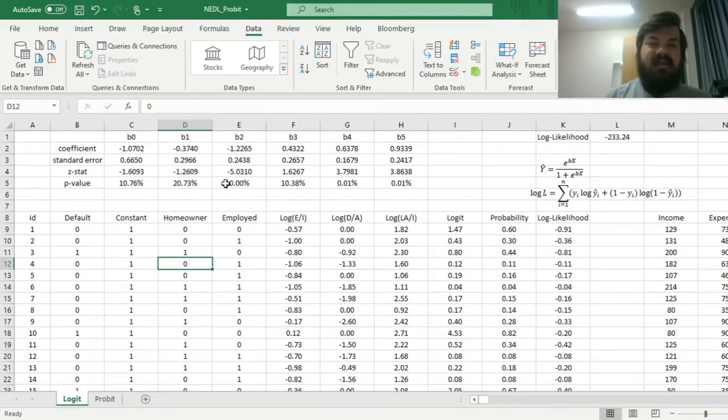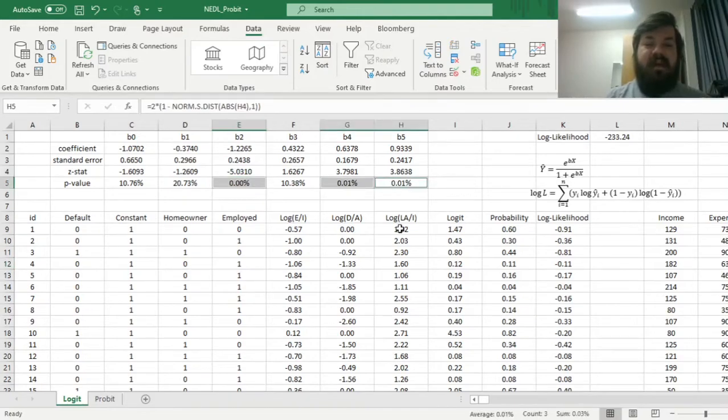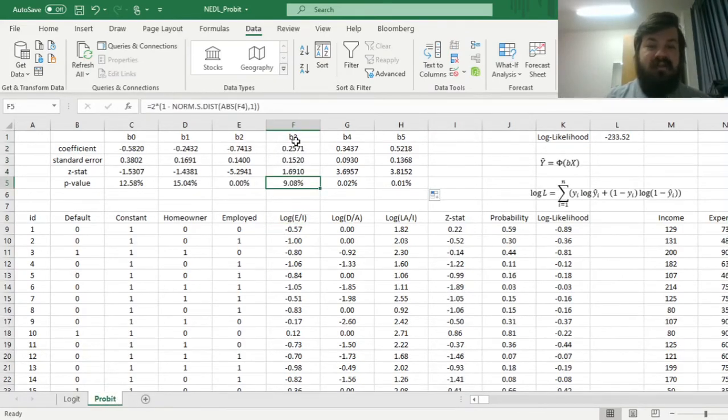But in terms of the factors, we can see that the situation is very similar, with those three being very, very significant, and B3, which is expense to income ratio, insignificant in that case, marginally significant in that case. So not much of a difference if you look at p-values, but a lot of difference if you look at the significance threshold.